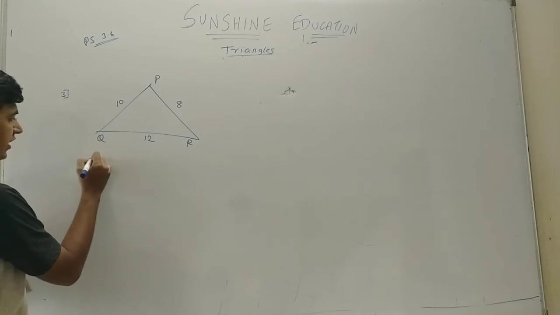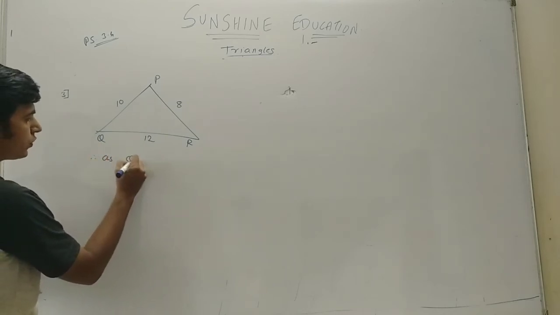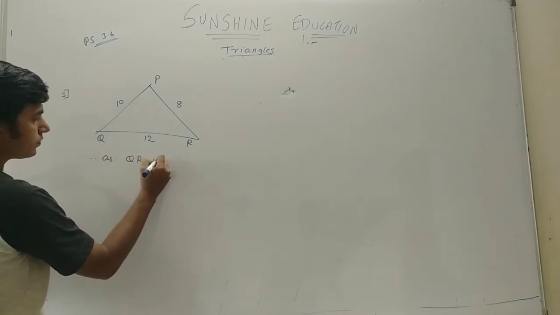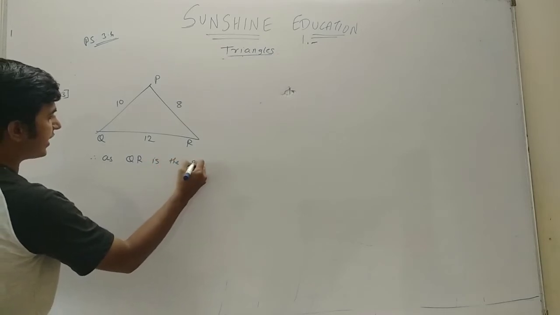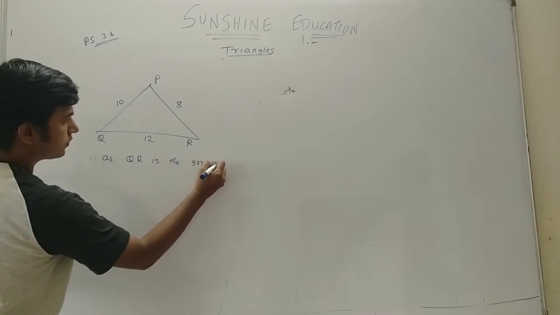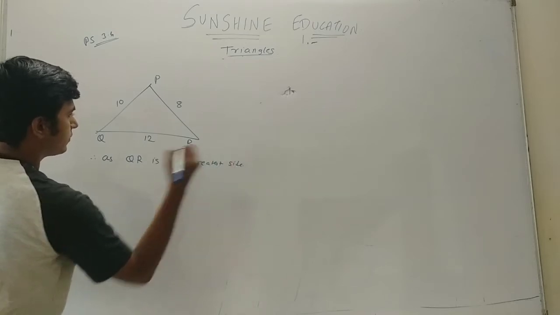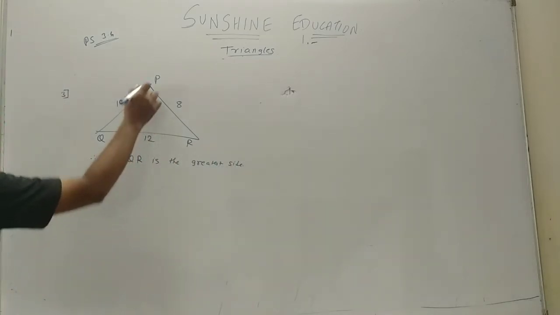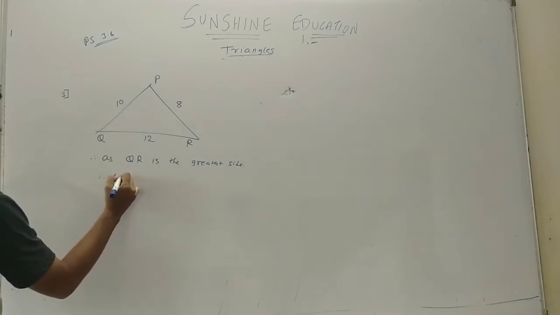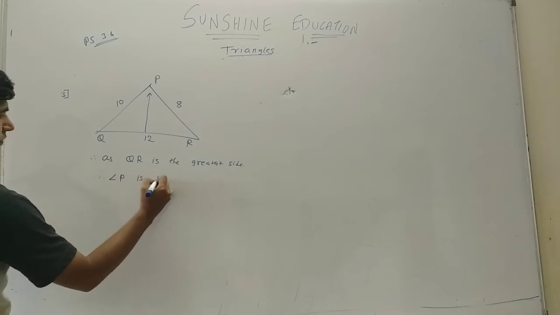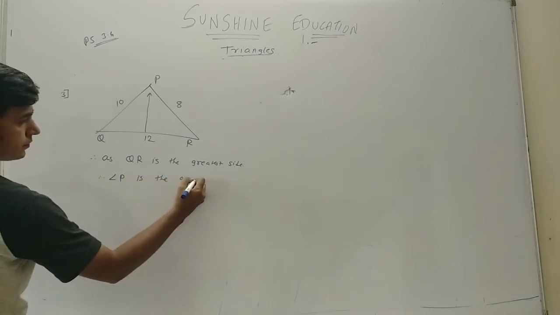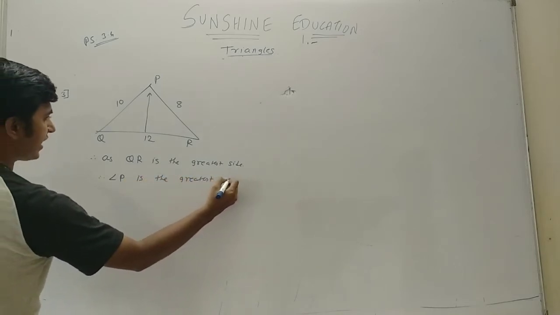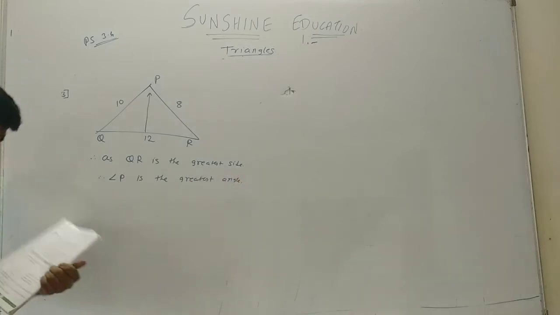As QR is the greatest side, therefore we can say that angle P is the greatest angle.